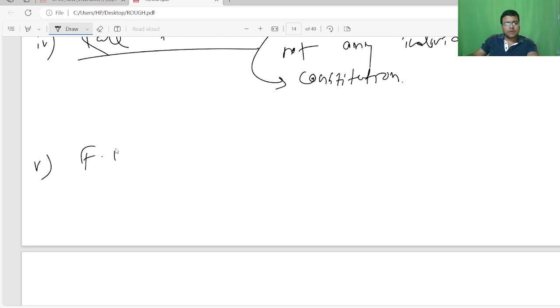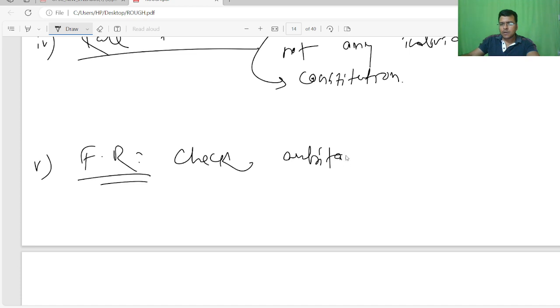Next, fundamental rights. So why are fundamental rights important? Because fundamental rights check the arbitrary nature of the state.